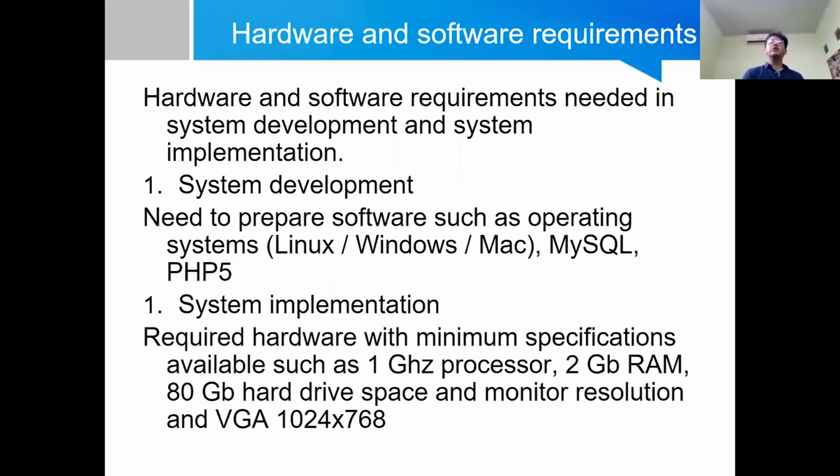Hardware and software requirements needed in system development and system implementation. One, system development needs to prepare software such as operating system, for example Linux, Windows, Mac, MySQL, PHP 5.